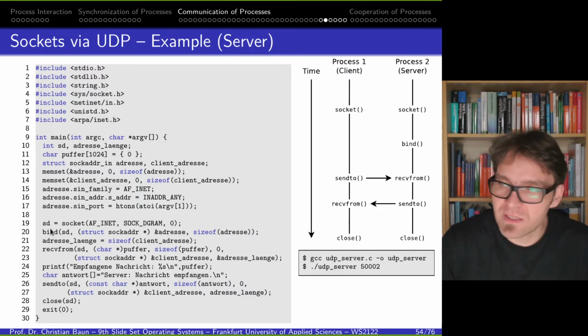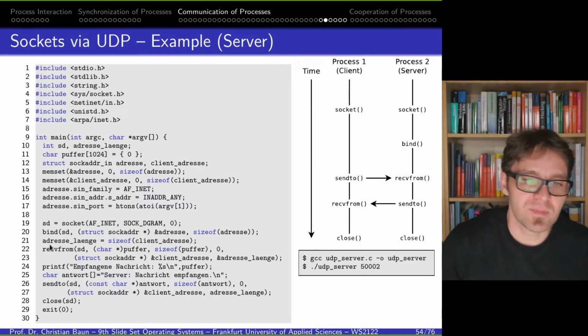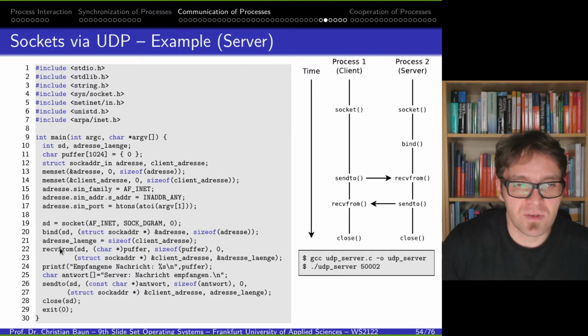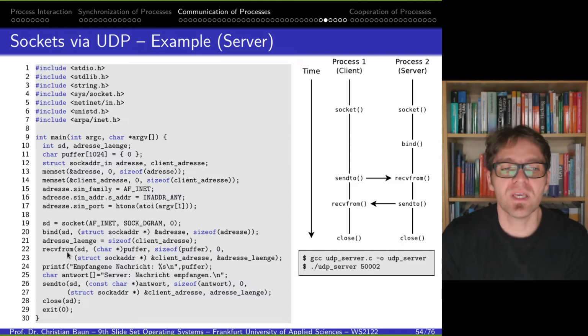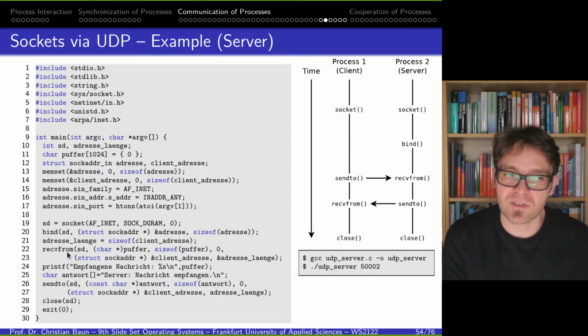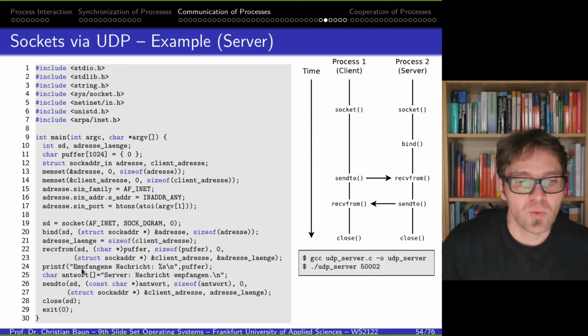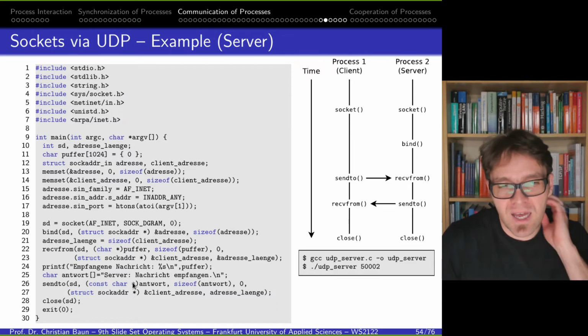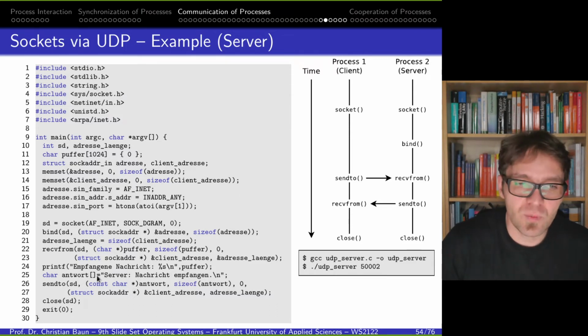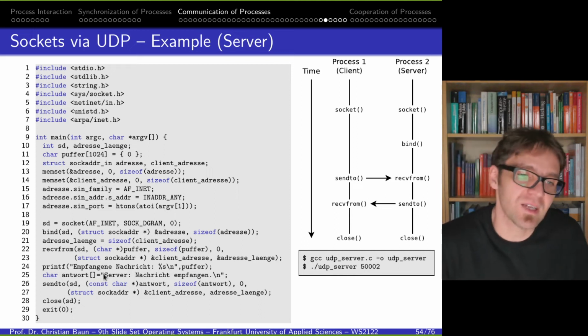In line 20 we bind the socket to a process, and in line 21, sorry, we check the address length, and in line 22 we receive messages from the socket. We print out what we have received in line 24, and we will send back a message in line 26 with sendto, and this message is specified in line 25.